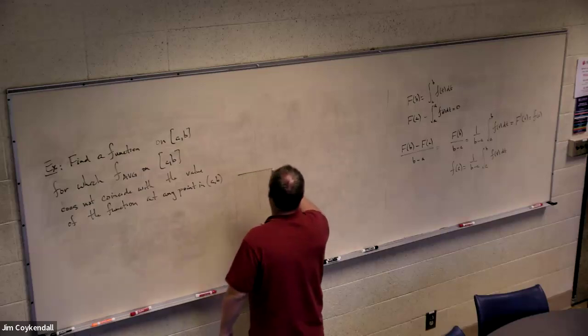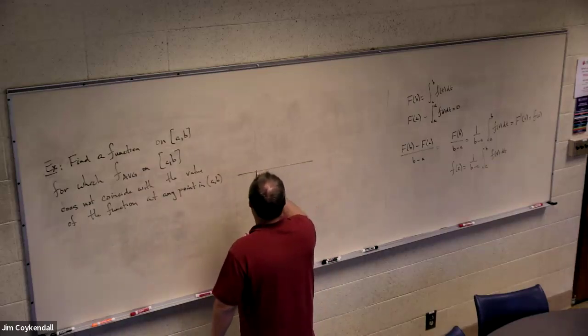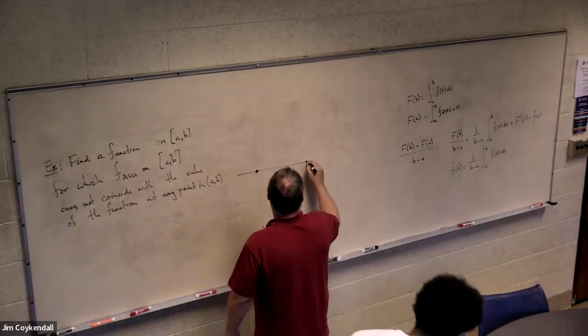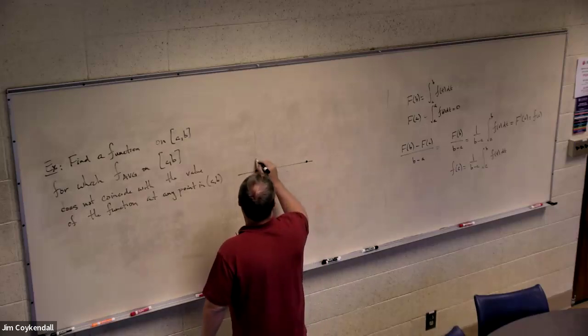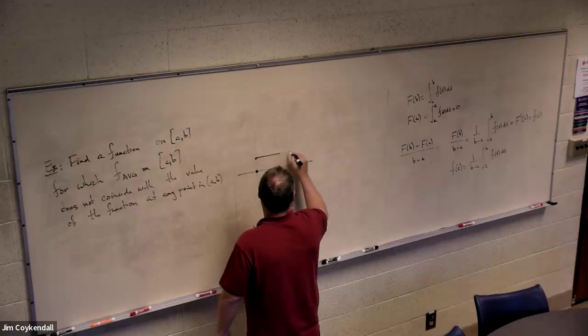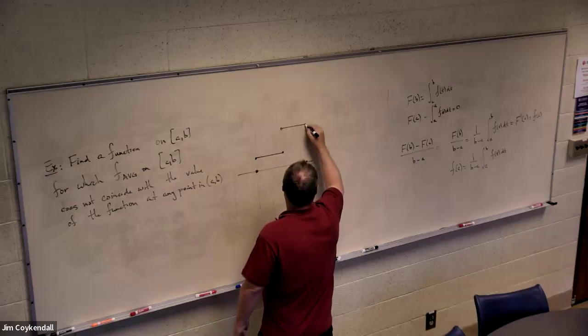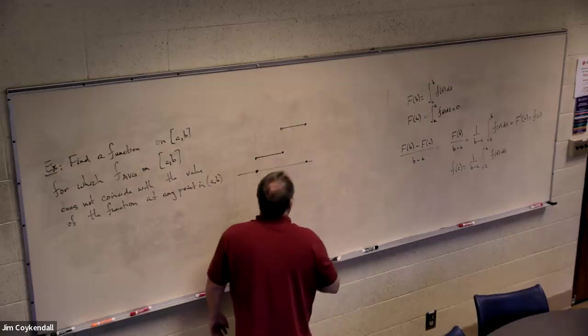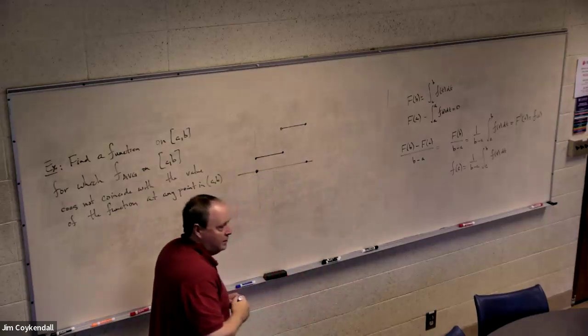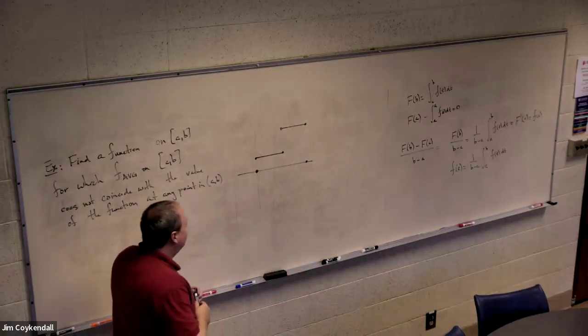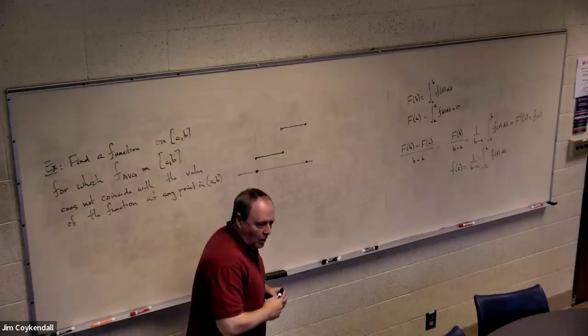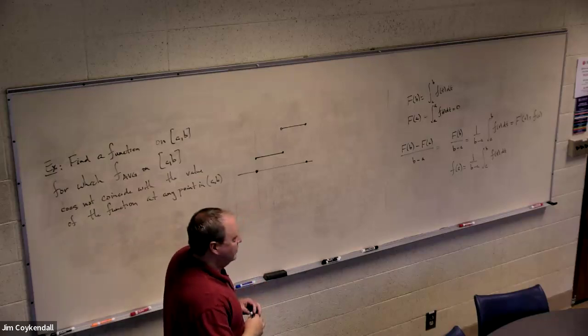What about something like this? Suppose I made the function this value, or half of it, and then this. Intuitively, where do you think the average value is?